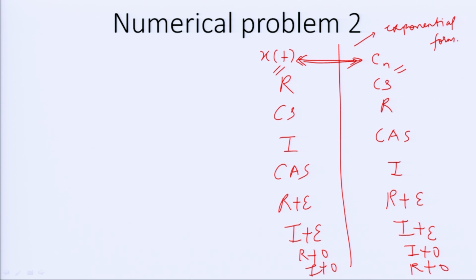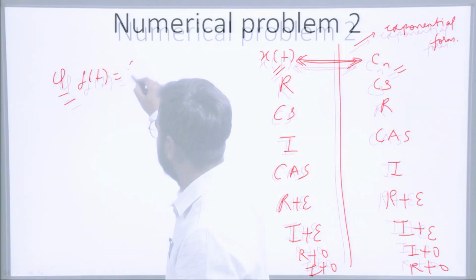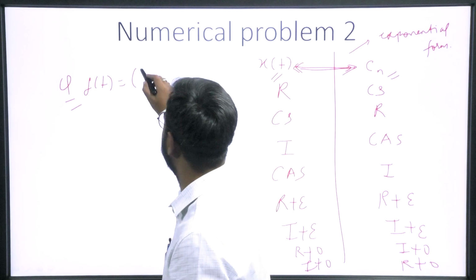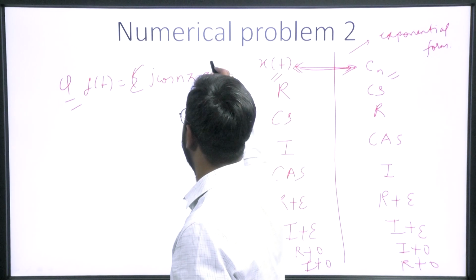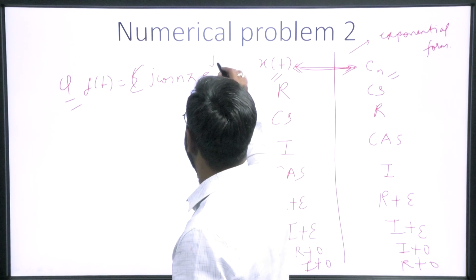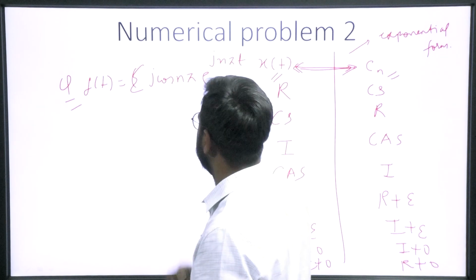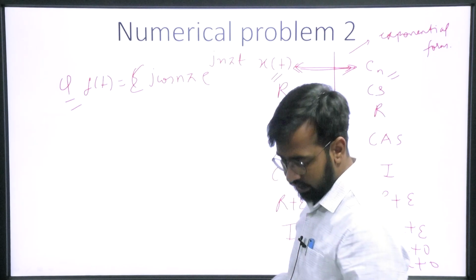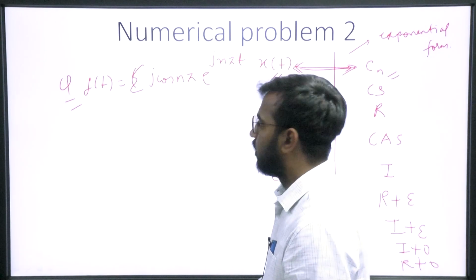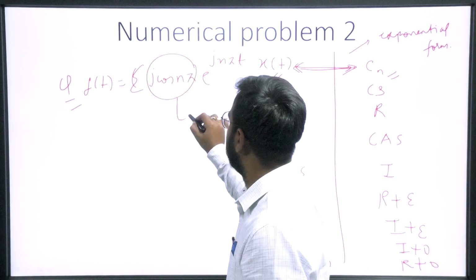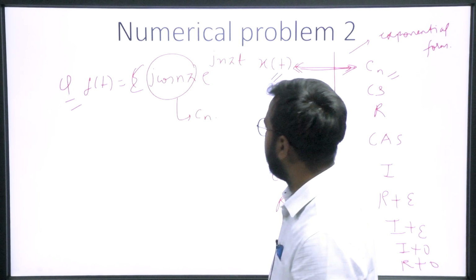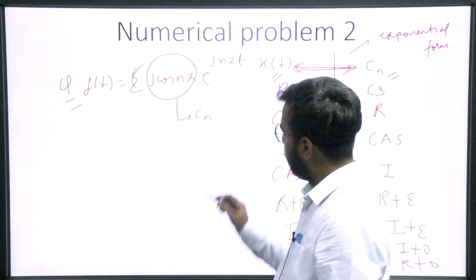For example, just now I took one question, that question was saying f(t) is equal to the summation of j cos n pi e^(j n pi t). So, there is one function and we want to know what the nature of this function is. See, what has it given us? It has given us Cn. So, we have the Cn value and we can also say what the nature of this Cn is.